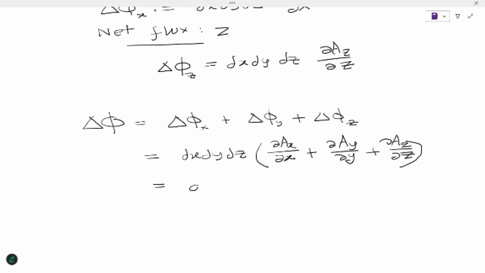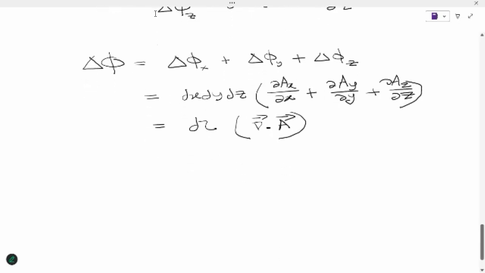So this becomes d tau times divergence of A. So the divergence of a vector multiplied by this elementary volume becomes equal to the net flux of A leaving or emerging from that volume.